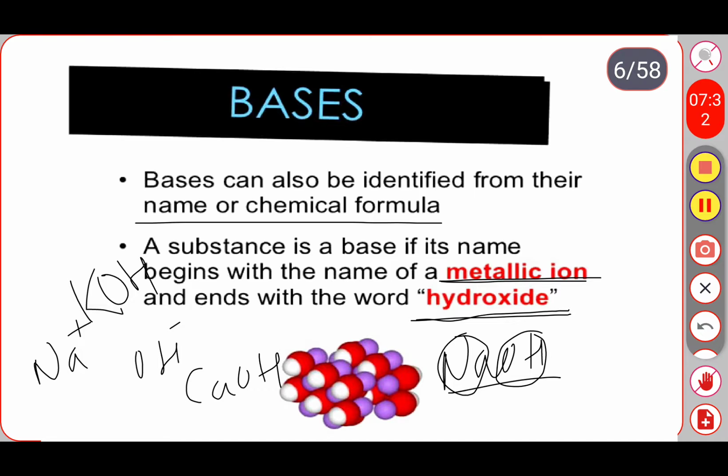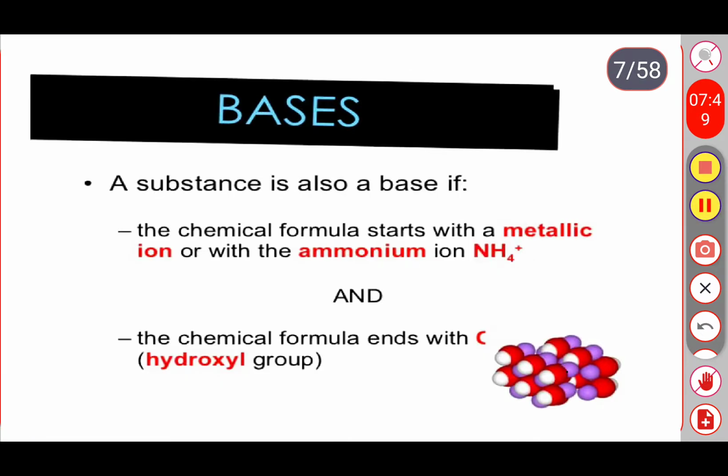In all those examples, the first component is a metallic ion and the second component, the ending word, is the hydroxide ion. Next, a substance is also a base if the chemical formula starts with a metallic ion or with the ammonium ion.